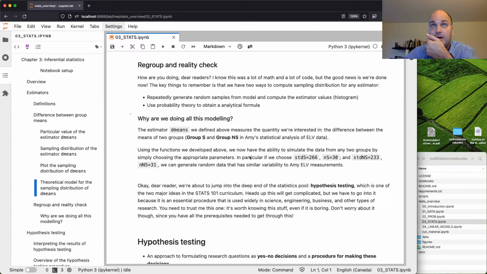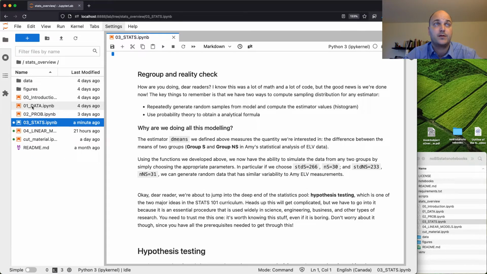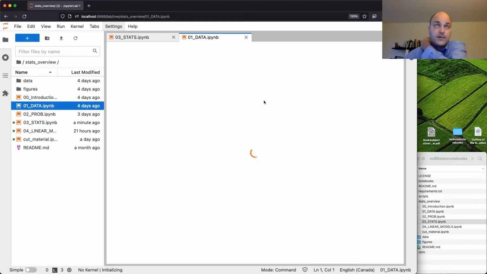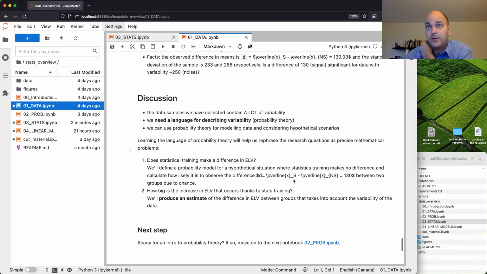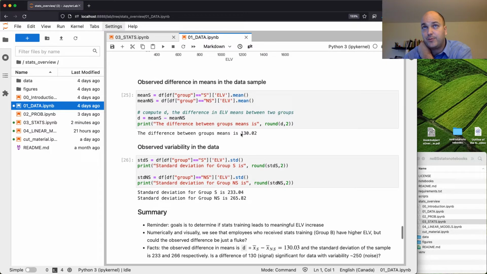What we can do from here on is build models that are specifically adapted to our statistical analysis. So what do we know from the data chapter? We concluded with some measurements: the difference between the group means is 130, the standard deviation with group S was 233, and the standard deviation with group NS is 265.